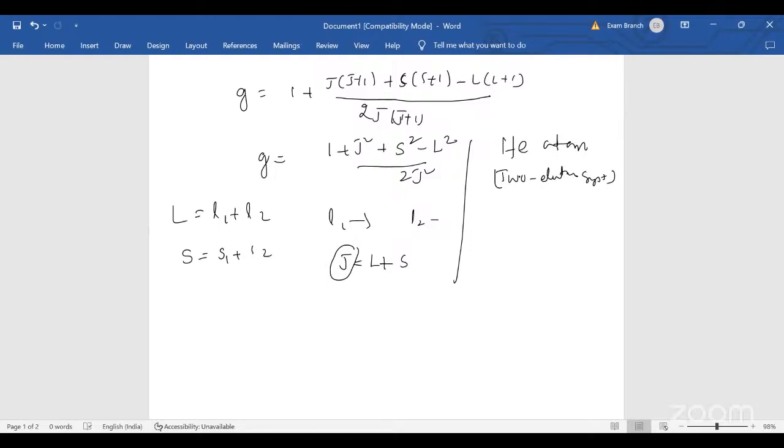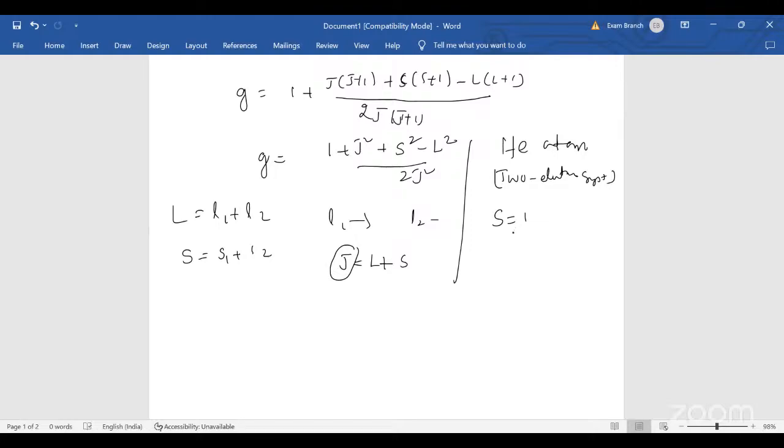In the case of helium, we get different quantum numbers associated with the spins. So we have a spin S equals 1, because it is a 2-electron system. The spin will be either 1 or 0.